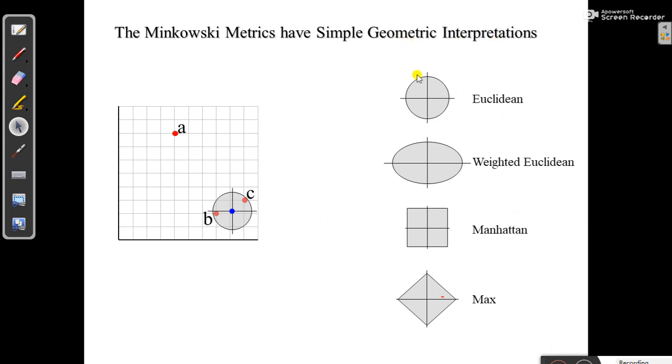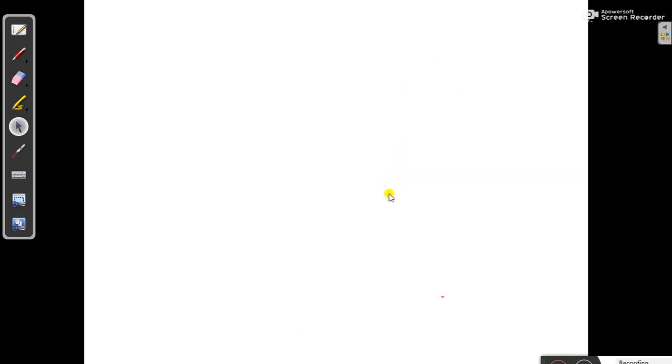So we can understand how the distance varies for different metrics or geometric interpretations. In Euclidean, the distance is measured in a circular fashion, but in weighted Euclidean it is measured in an oval shape. So that is all about that.